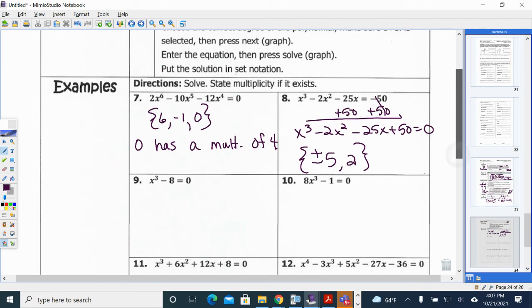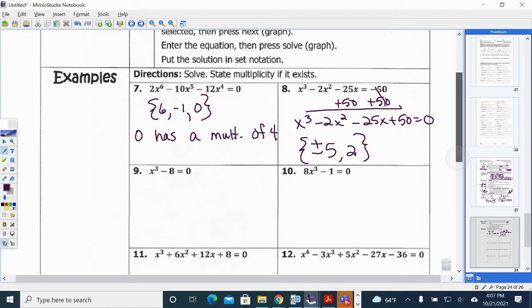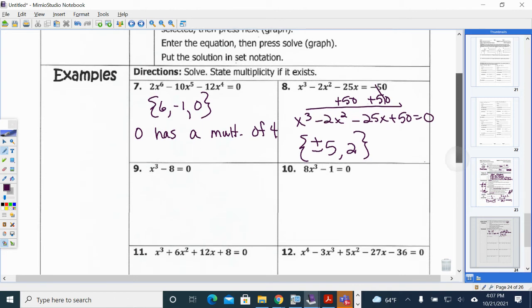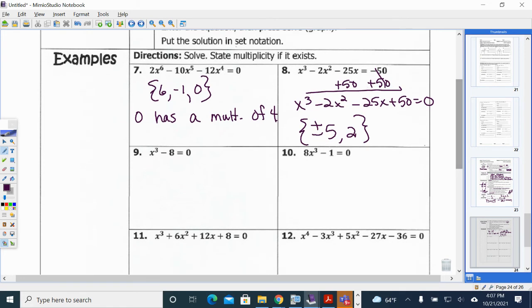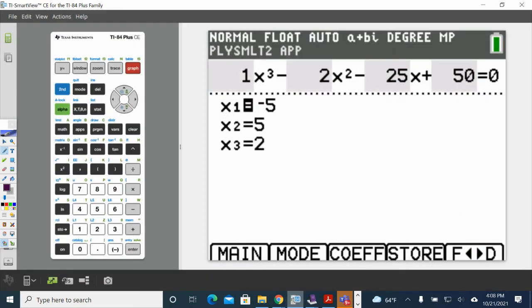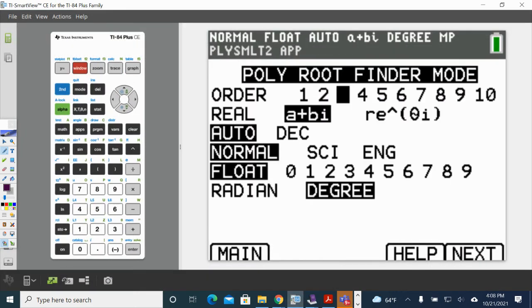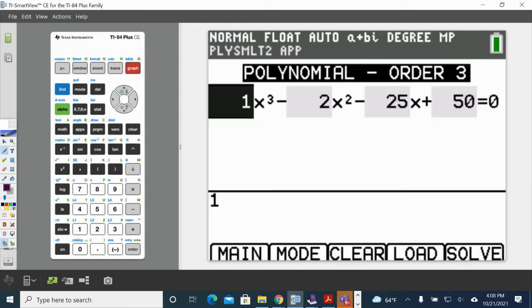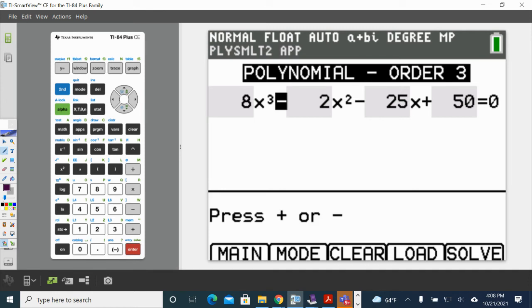I want to jump down to number 10. Looking at number 10, I have 8x cubed minus 1 equals 0. So I'm going to go back to Polysimulator, go back to window. Number 10 is also cubic, so next. 8x cubed.